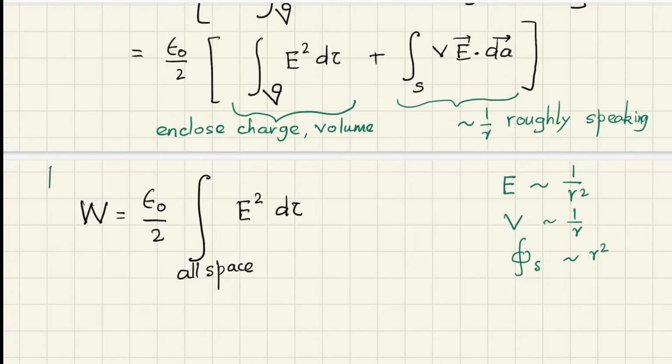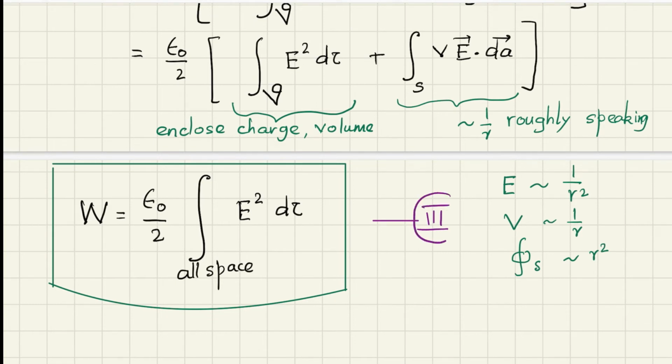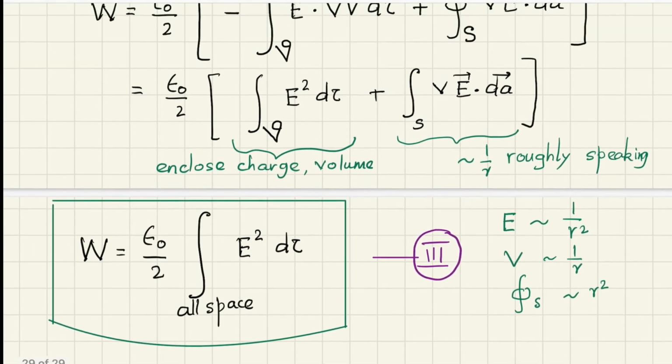Okay, now that's an important finding: if I know my E, then the field, even if it is E square all space, I can obtain the energy. So in some sense, we have gotten the third formula for our energy calculation.